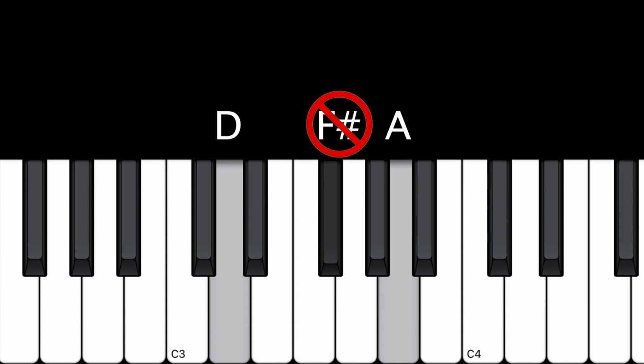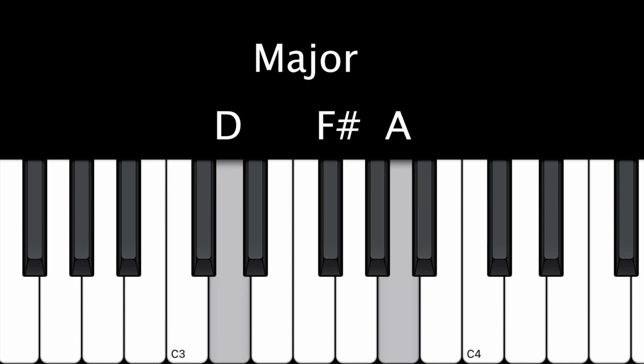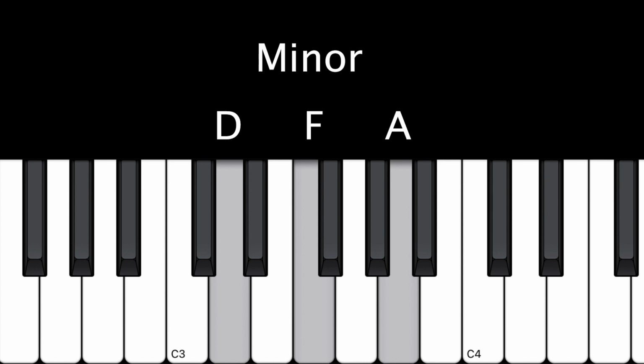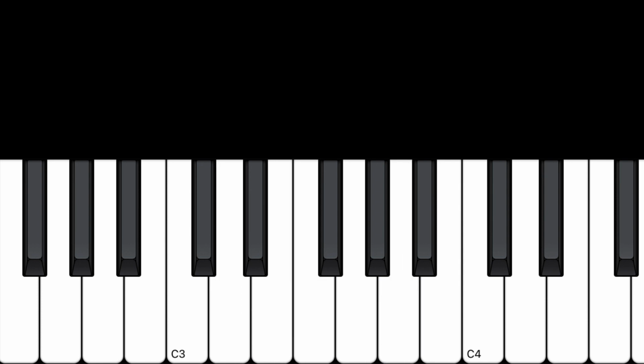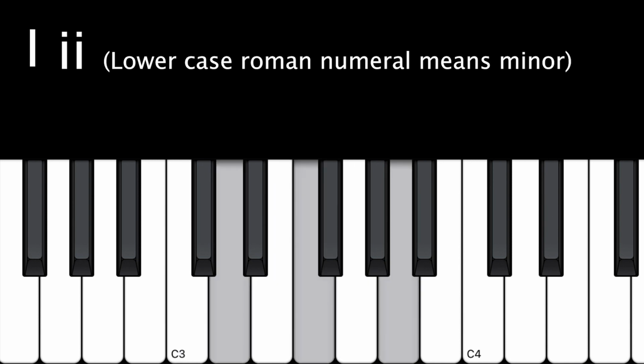If we're going to remain in the key of C, we can't use this F sharp, okay? So we have to use the available F, which in this case is there. Okay, if you take a major chord and you move this middle note down a semitone, it becomes a minor chord. So this second chord is actually going to be a minor chord. We've got a major chord on our first one and a minor chord on our second one.